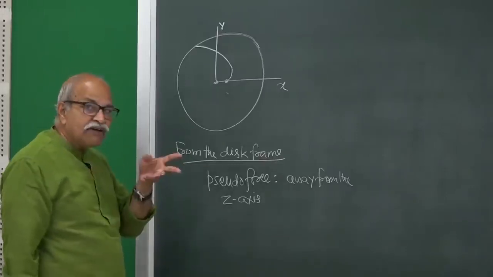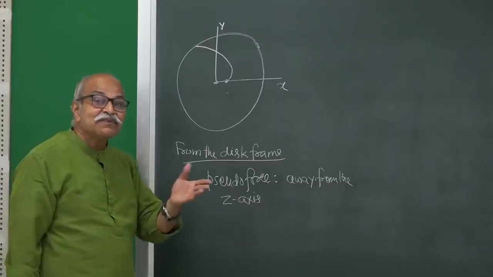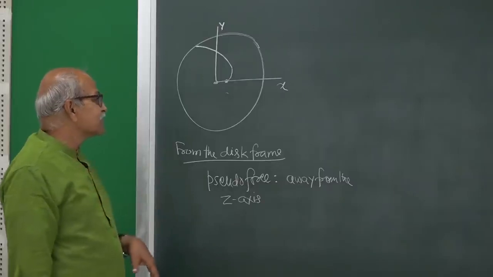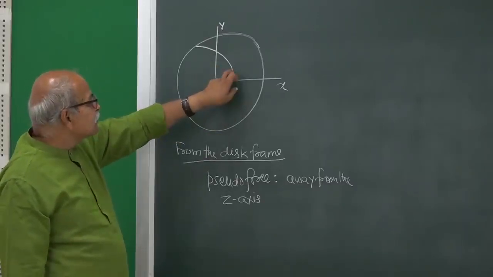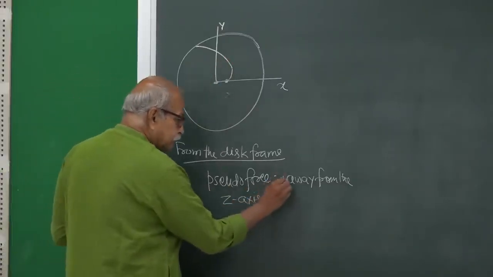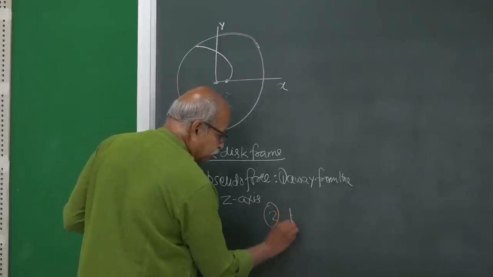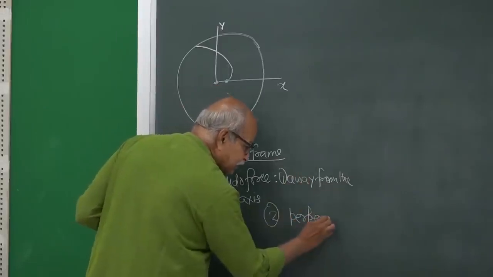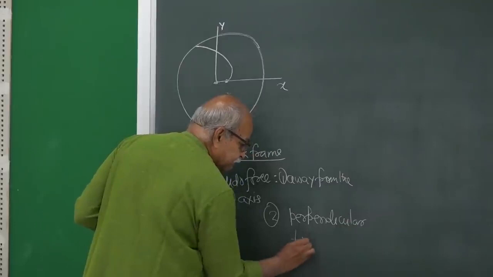So, if you have a component which is perpendicular to the velocity, then that component will turn the direction of the velocity, and here it is turning. So, there should be a force which is perpendicular to the velocity. So, this is one, and then the other is a pseudo force which is perpendicular to the velocity. At least a component should be there, perpendicular to the velocity.